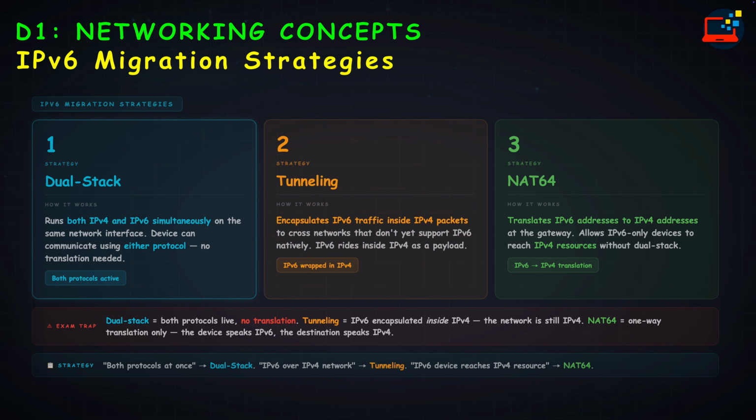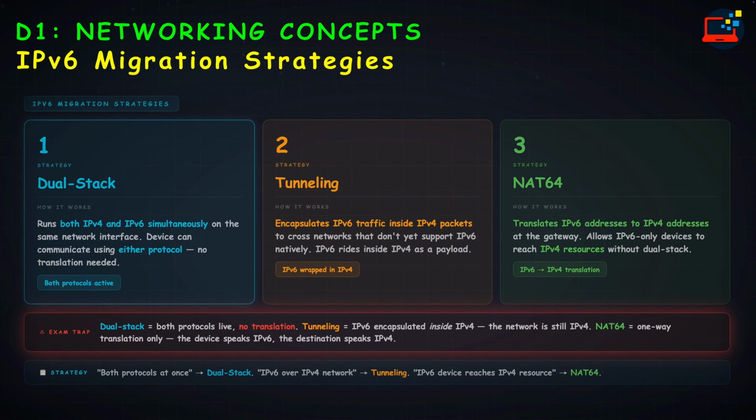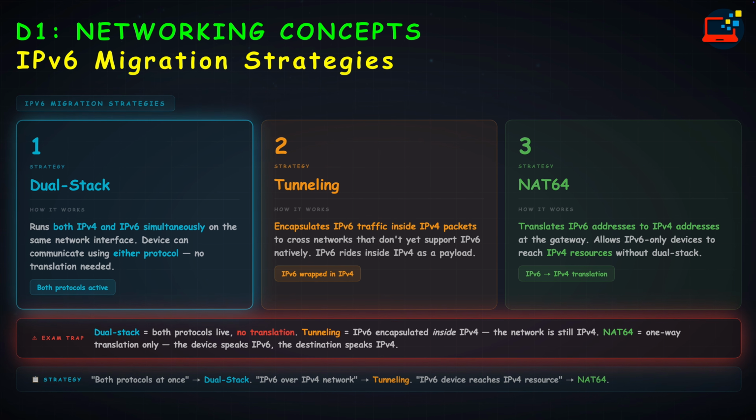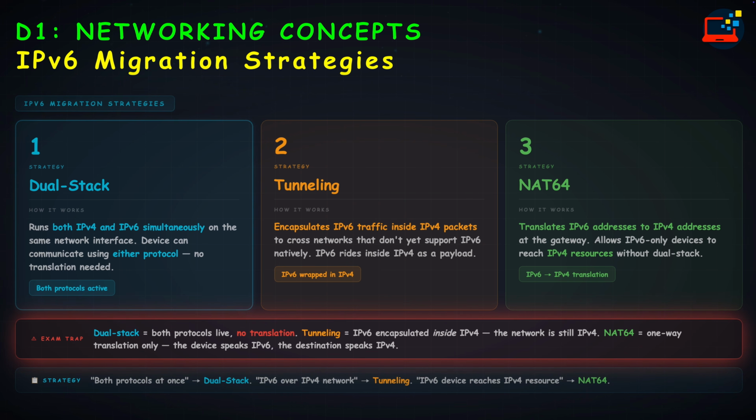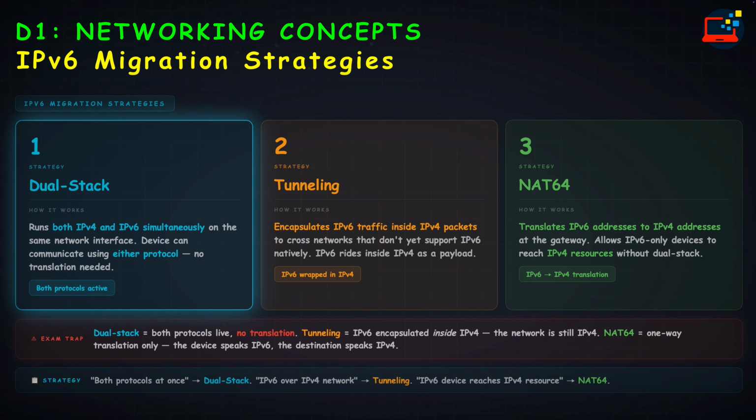For IP version 6 migration, 3 strategies appear on the exam. Dual stack means running both IP version 4 and IP version 6 simultaneously on the same interface. The device can communicate using either protocol.